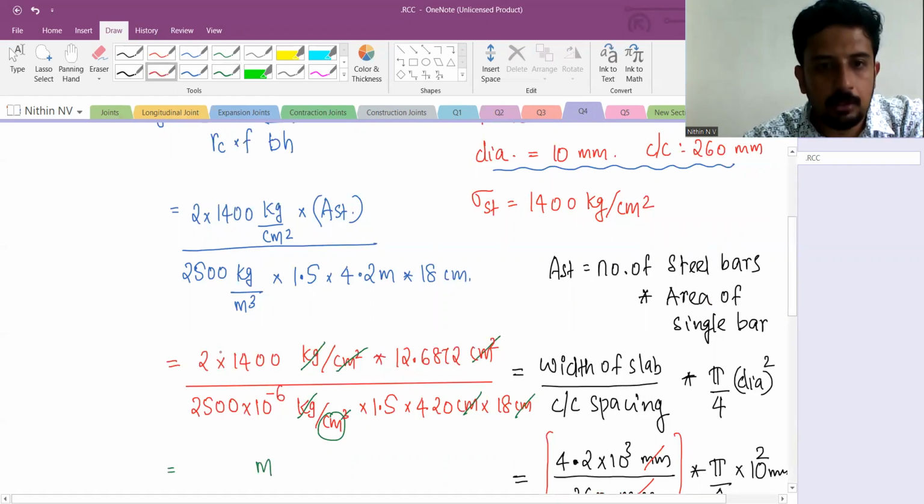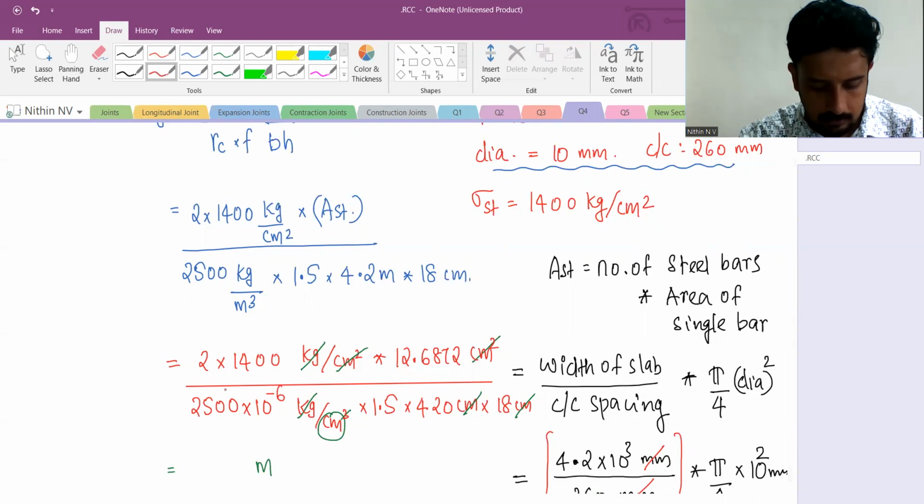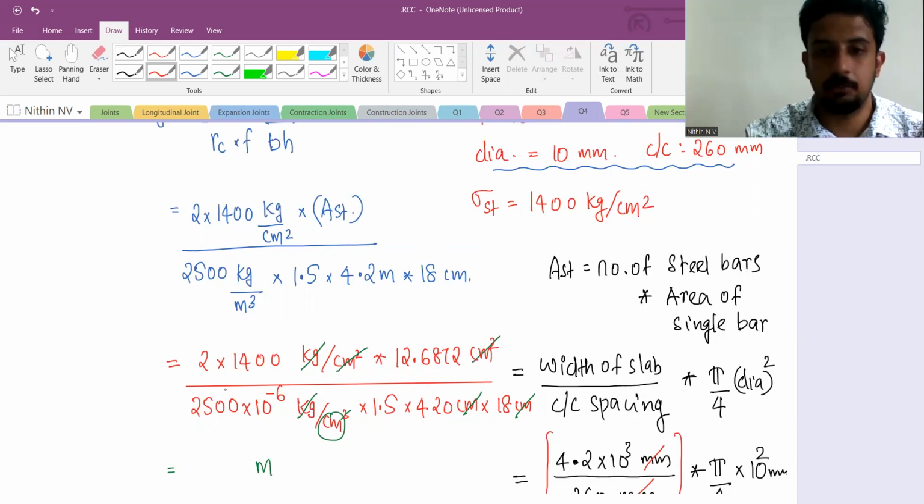Once you are doing it, let me just calculate. So this is going to be, just a second guys. So actually when I calculated, by mistake I had taken 2400, just before taking the class.